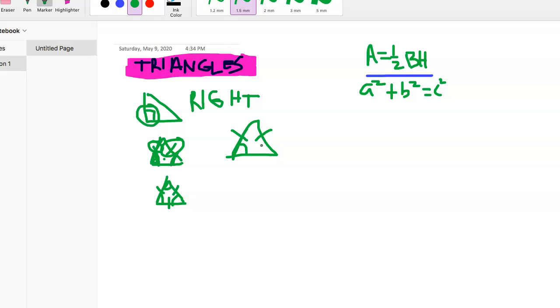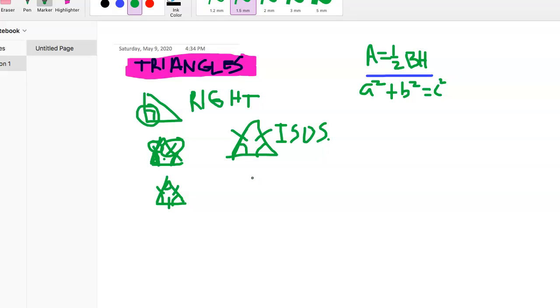When you see this and this, it means these two angles are equal. For isosceles, which is what this is, fun name to say, you have two equal angles, and then you also have two equal sides.